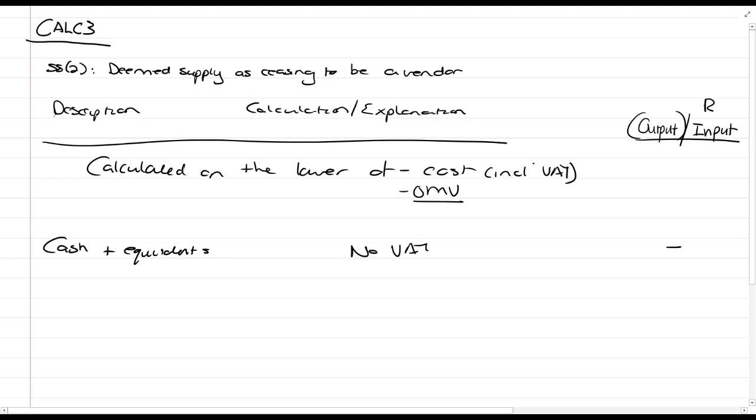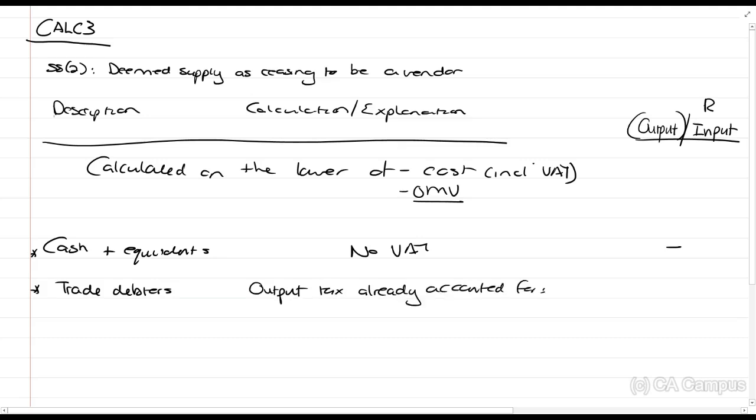We then have the trade debtors, right, the debtors, and the output tax on that was already accounted for. Why? Because we calculate output tax on the earlier of invoice or payment, and if we have it recognized, it means we've received an invoice.